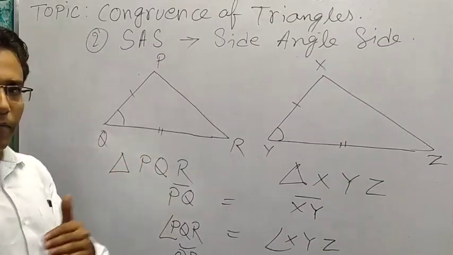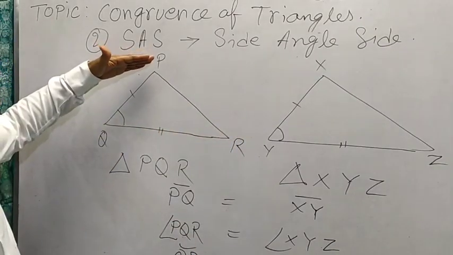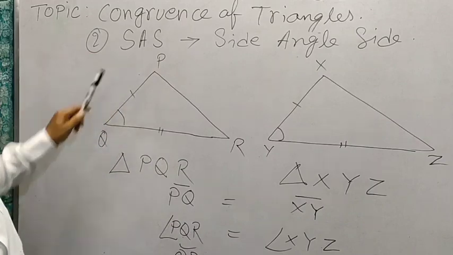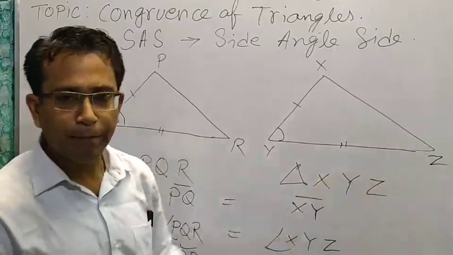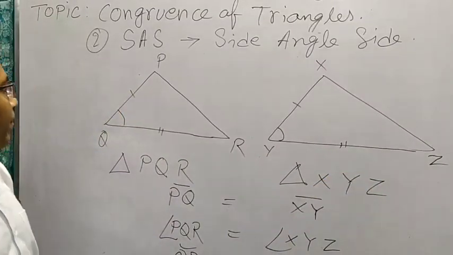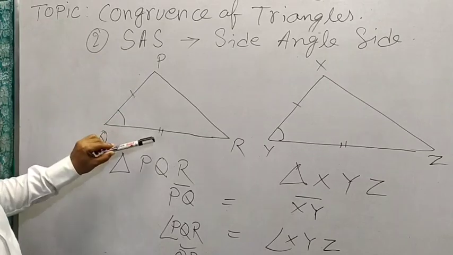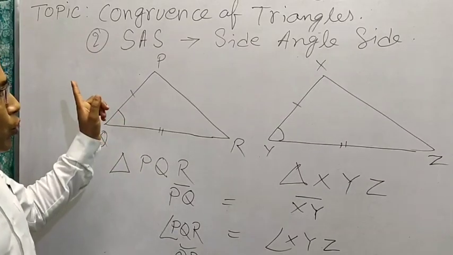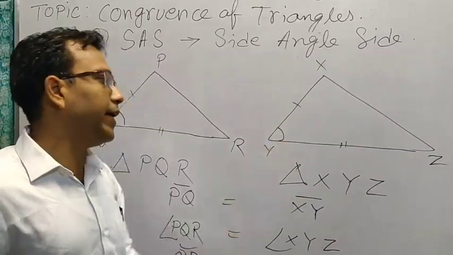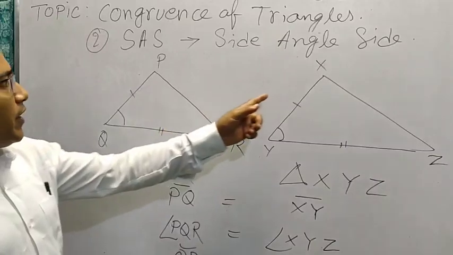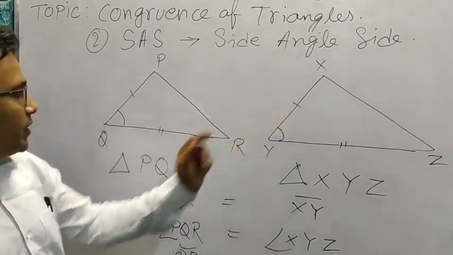Here I am explaining it through this example. Say here are two triangles, one is PQR and another one is XYZ. In this figure, these are the signs you will get to see which side corresponds to the side of the other triangle. Here one dash, here one dash. That means this side corresponds to this side.